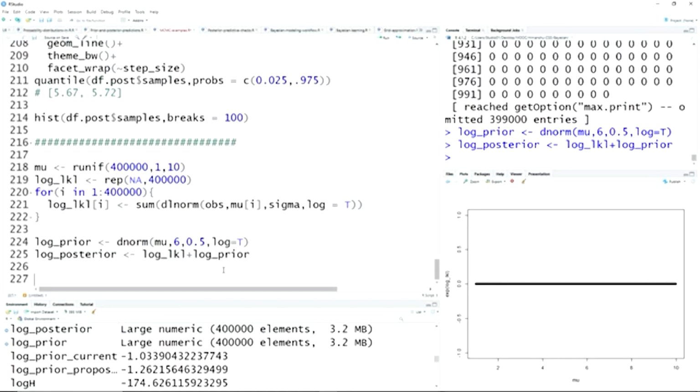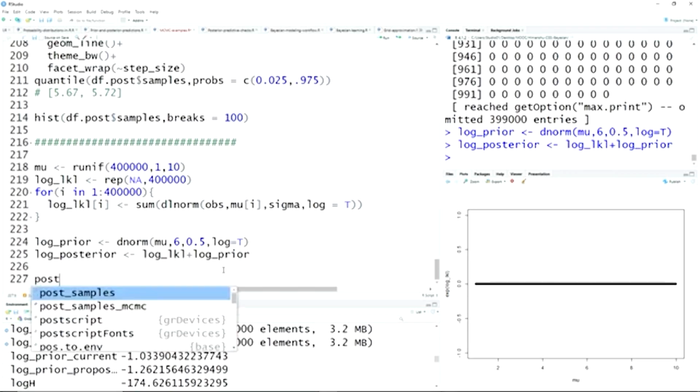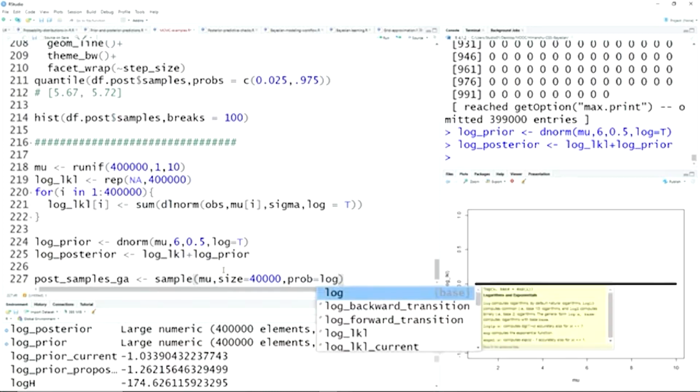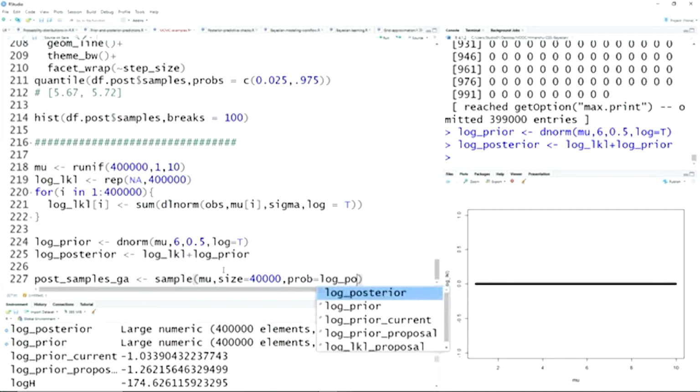So we have gotten now log posterior. Now let us sample based on log posterior as weights. So to get posterior samples with the grid approximation approach, we will sample from mu. How many samples? Let's say 40,000, and probability being, let's say, log posterior.